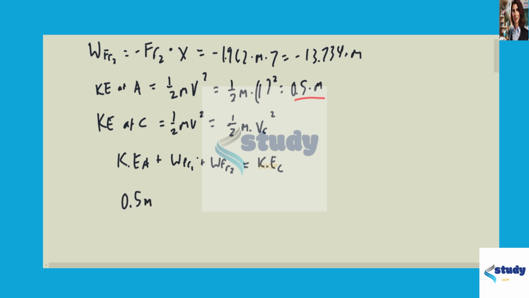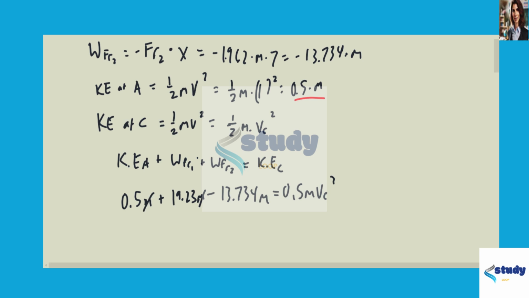So we found before kinetic energy at A, 0.5 times m, plus 19.23 m, plus negative 13.734 m equals 0.5 m VC squared.